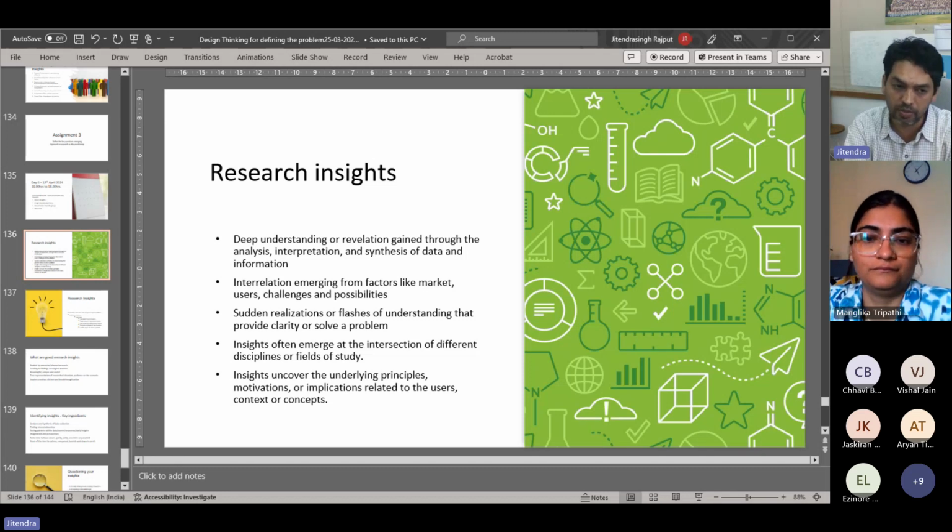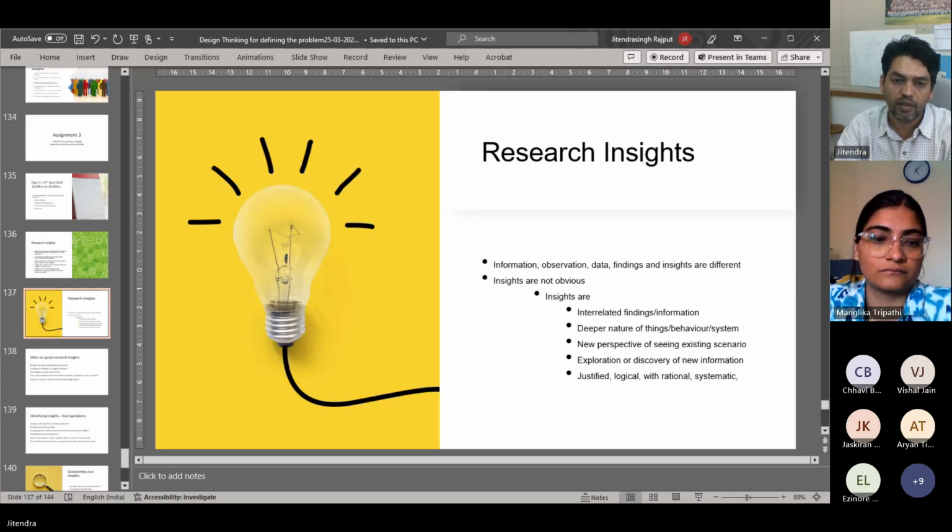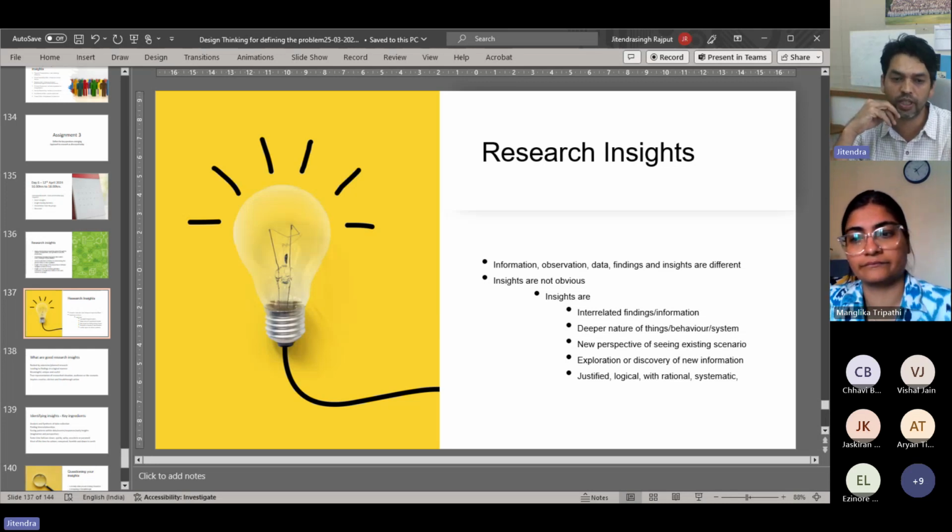Insights uncover the underlying principles, motivations, or implications related to users, context, or concepts. So this is very common with research insights. Insights are not mere information, observations, data, or findings. Insights are different. Insights are not obvious. You will just say that, okay, I went there, I saw a lot of struggle with some sort of products, and you will say that, okay, I've got some insights.